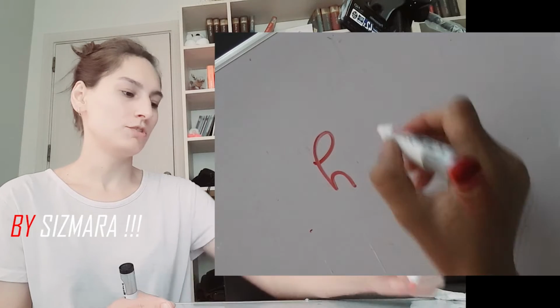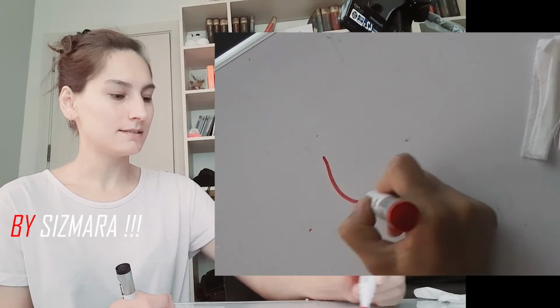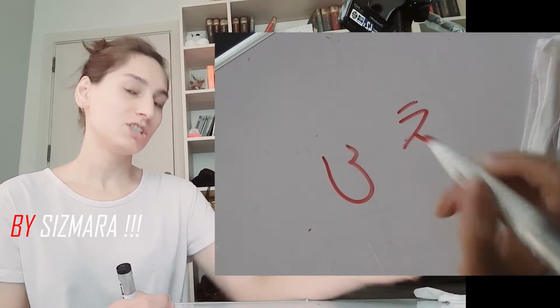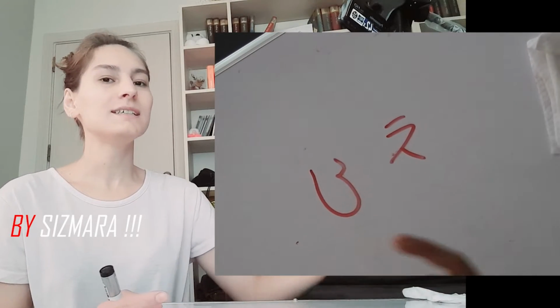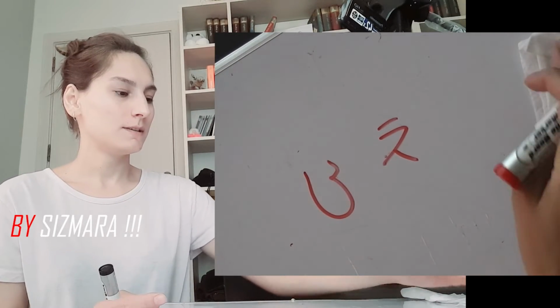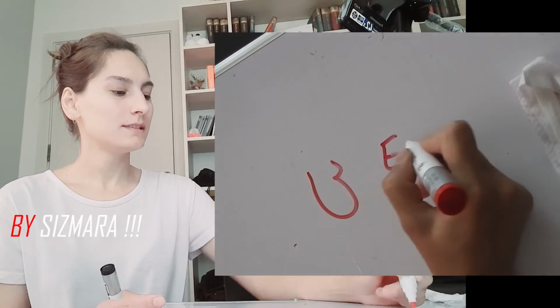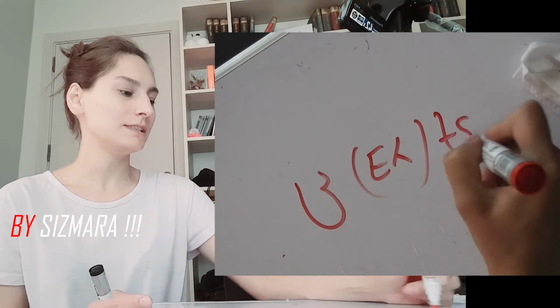This ch sound is ts. Actually, we use ch also to write down ts, but it's more like a ts sound. Or you can use the English version of ts.